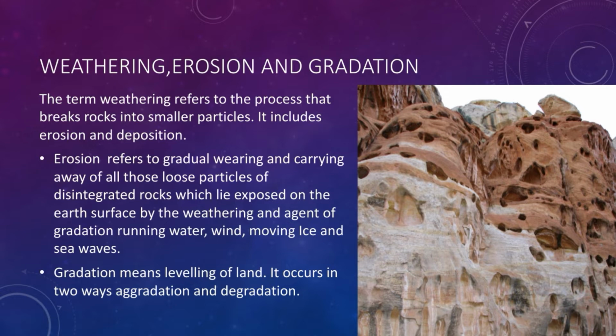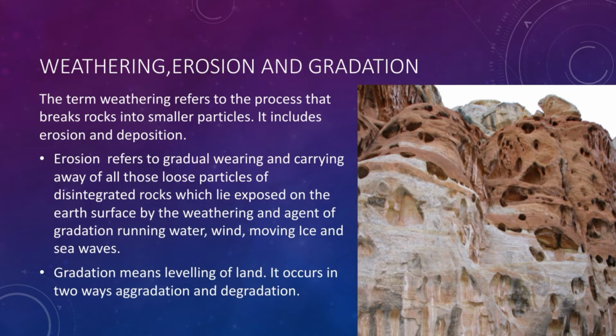Erosion refers to gradual, means slowly, wearing and carrying away of all those loose particles of disintegrated rocks which lie exposed on the earth's surface by the withering and the agents of gradation. Those agents of gradation are the running water, the wind, the moving ice and the sea waves.